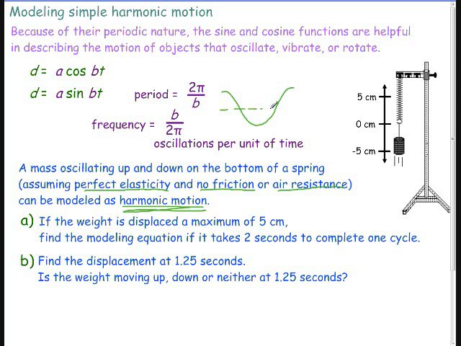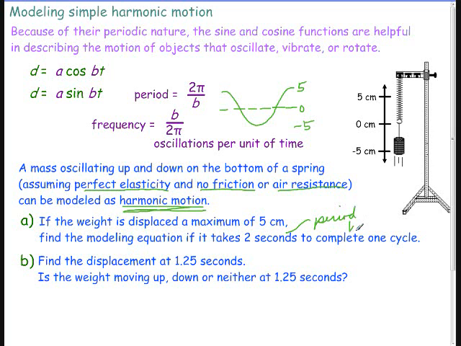And here's 0 in the center. So we've got 0, we've got 5, and we've got -5. Find the modeling equation if it takes 2 seconds to complete one cycle. So that's our period.